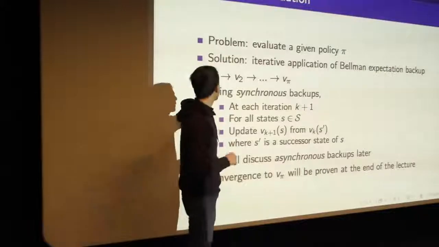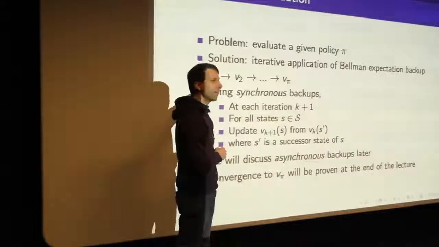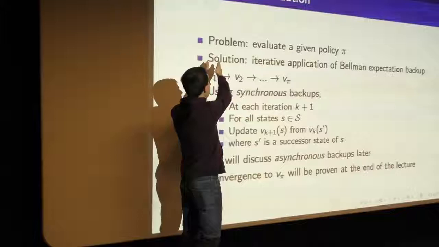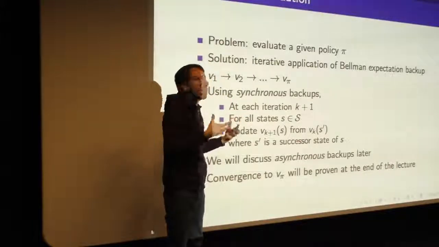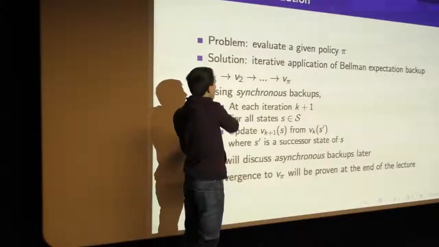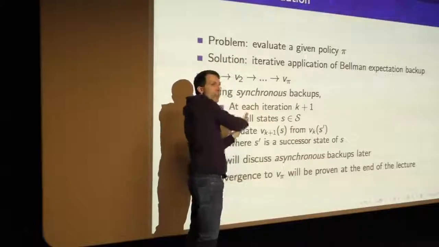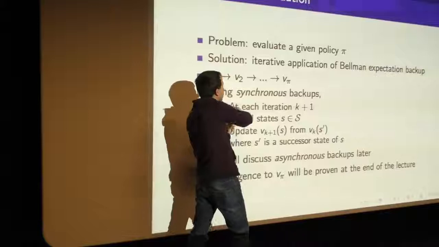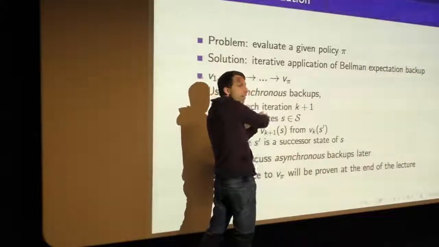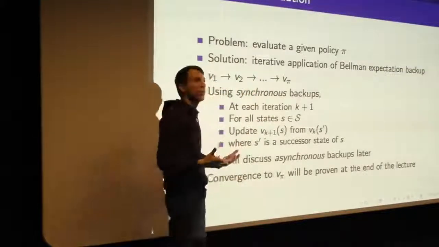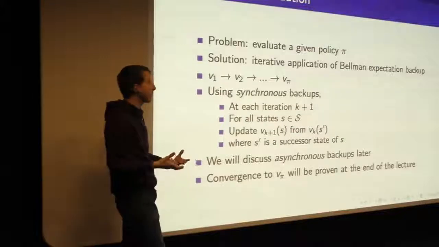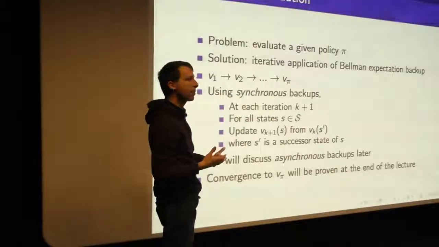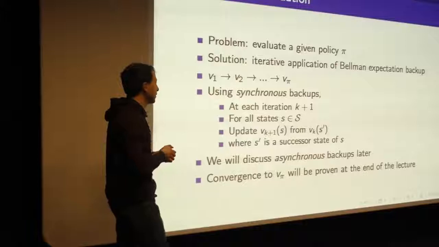We're going to start off with our previous value function, and we're going to apply our iterative update to every single state in this value function to produce a complete new value function for all states. That's called synchronous evaluation. We consider all states at every step. And we'll consider asynchronous backups later, which can be more effective. But this is the simplest case.